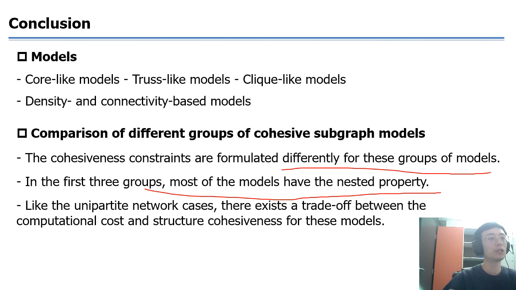And like the unipartite network case, there exists a trade-off between the computational cost and structural cohesiveness for these models. For example, the core-like models can usually be computed simply, and the clique-like models are usually hard to compute.